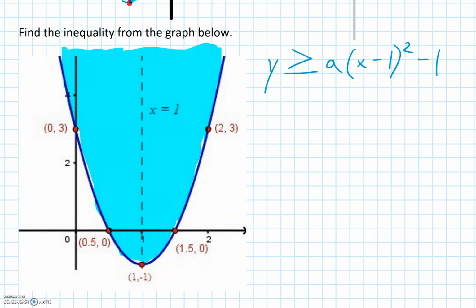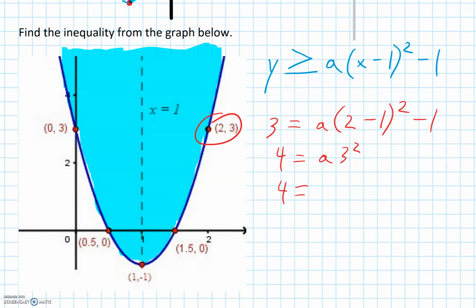Let's just choose maybe this one. So 3 equals a times (2 minus 1) squared minus 1. Let's move the 1 over. So now we have 4a, so 3 squared, that's 9. So a equals 4 over 9.